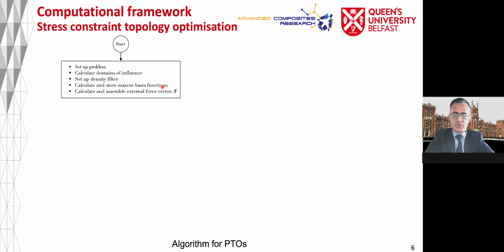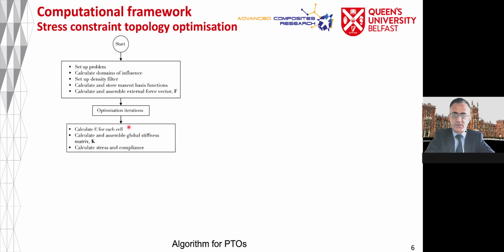And we also calculate and assemble the external force vector, which is constant for each iteration. Then in each optimization iteration, we calculate the global stiffness matrix and calculate the stress and compliance. And then we check for the convergence criteria. If the convergence criteria are satisfied, then this is the end of the analysis.